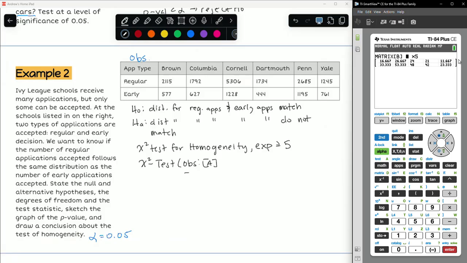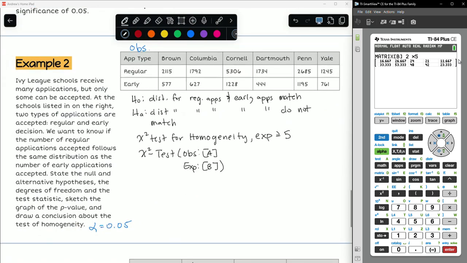Where do we put the expected? And it's going to spit out our test statistic, our p-value, and our degrees of freedom. And we're going to go ahead and calculate those ahead of time. 1, 2, 3, 4, 5, 6. 6 minus 1 is 5, so I'm expecting a degrees of freedom of 5.